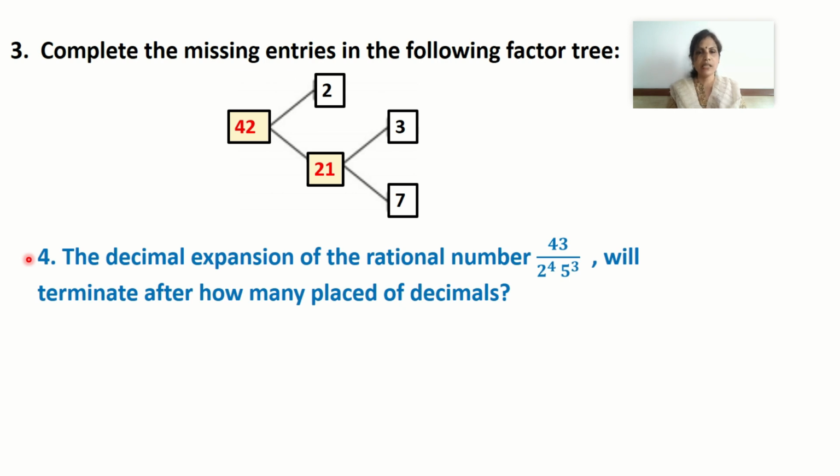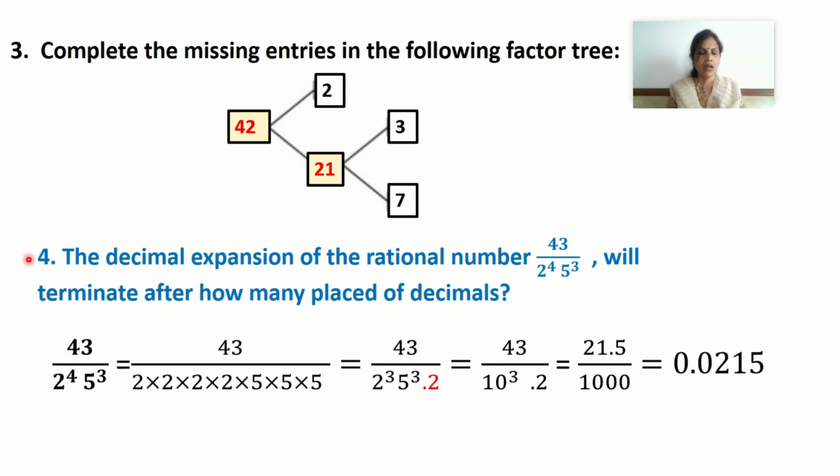Let's go stepwise. We will first write the number 43 upon 2 raised to 4 into 5 raised to 3. So I can write the number as 43 upon 2 into 2 into 2 into 2 into 5 into 5 into 5.